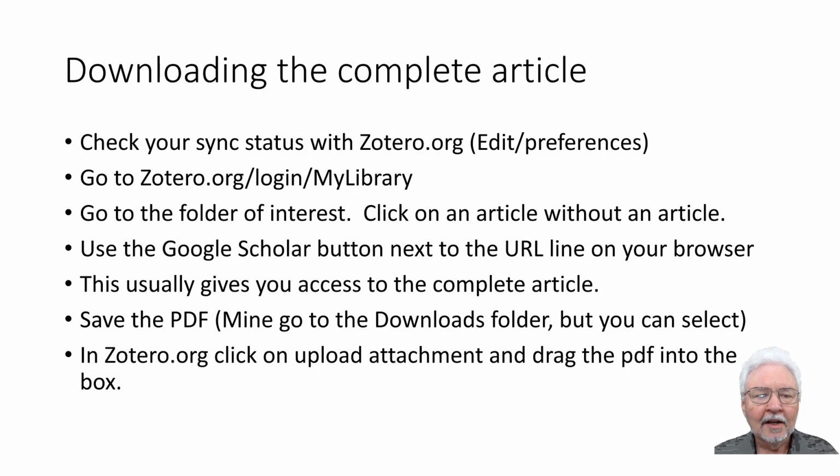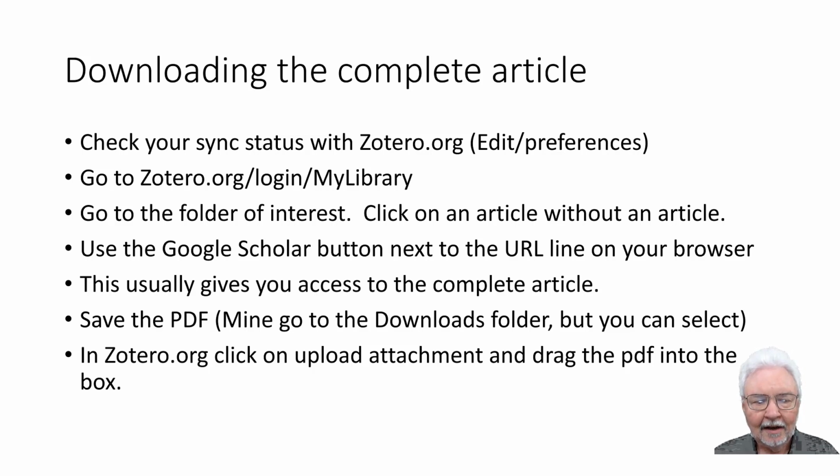Then go to Zotero and log in. Go to the folder of interest. Click on the article. Use the Scholar button next to the URL line on your browser to pull up the article on the internet. This usually gives you access to the complete article, but sometimes you have to jump through a few hoops to get there.